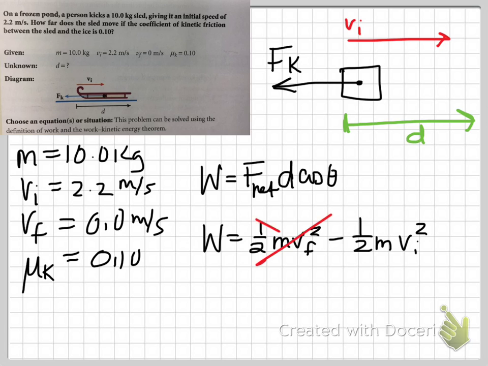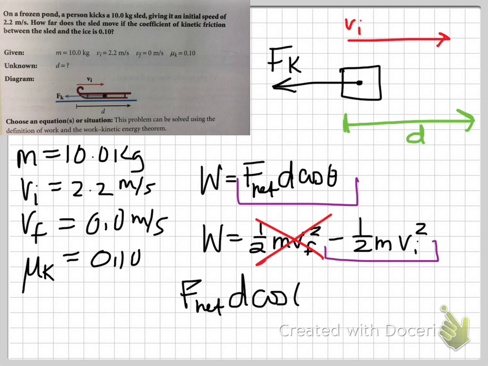And we know that final velocity is 0, so that goes away. That's awful nice of it. So what we're left with is this and this that we can set equal. So the net force times the distance the sled moves times the cosine of theta, where theta is 180, is equal to the negative of 1/2 m Vi squared.